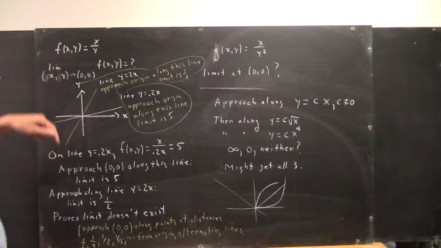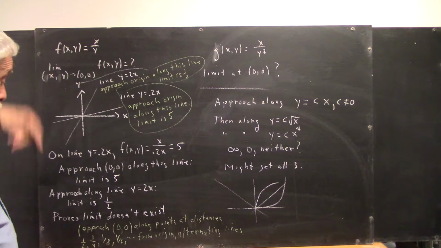That is, we start on either line at a distance of 1/2.